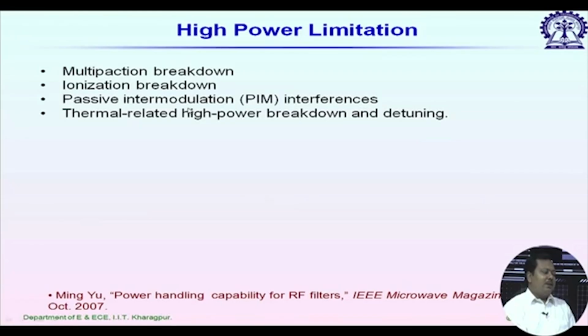So, what is passive intermodulation? By intermodulation we understand mixing of two signals, as we observe for mixers. To translate the frequency, we need some sort of non-linearity, and for non-linearity we can use a diode, we can use a transistor.